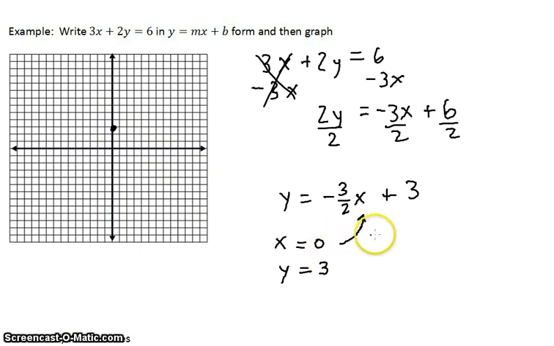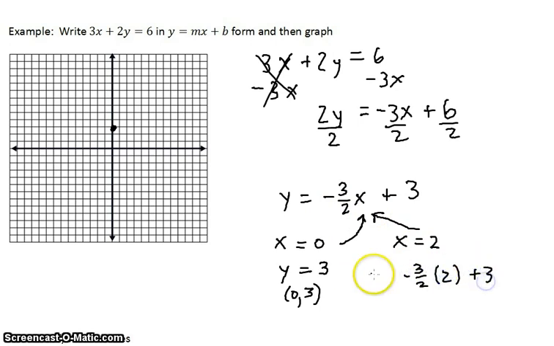So my first point is 0, 3. Now I'm going to do the exact same thing, but I want to pick something that's divisible by 2 because the denominator is 2. So why not pick 2? So I'm going to plug that in again for x. Negative 3 halves times 2 plus 3 will give me what y is equal to.